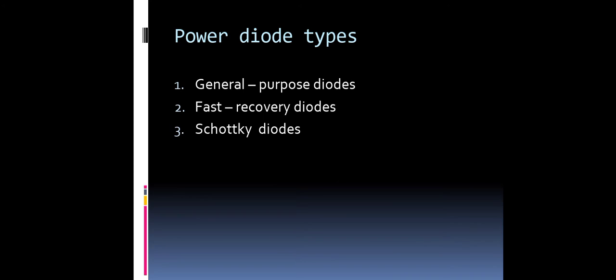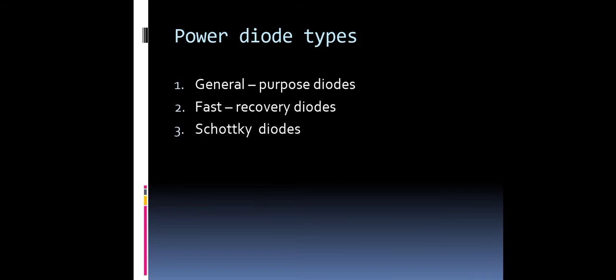Then the second one is the fast recovery diodes. Fast recovery diodes have a low reverse recovery time, less than 5 microseconds. They are used in DC to DC and DC to AC converter circuits, where the speed of recovery is critical.